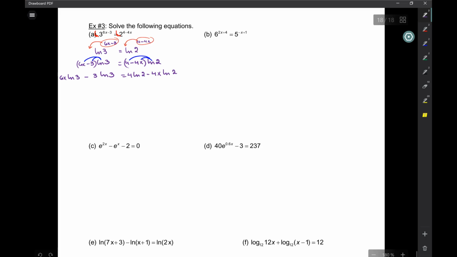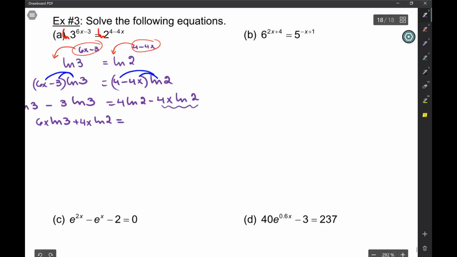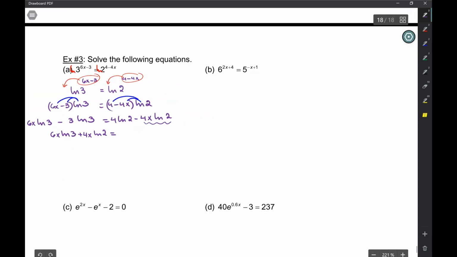So, 6x ln of 3 stays. This moves to the opposite side, so it becomes plus 4x ln of 2. Is that right? It takes so much space. Okay, is that better? So now 4 ln of 2 stays, but I need to take the negative 3 ln of 3 to the other side, so plus 3 ln of 3.